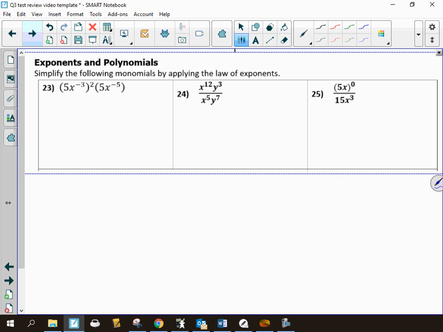All right, so now we're into the rules of exponents. So we have to know the rules. Here, in number 23, we're raising a power to a power. So everything inside the set of parentheses has to be raised to the second power. So that's going to be 25. And when you raise a power to a power, you multiply the exponents.